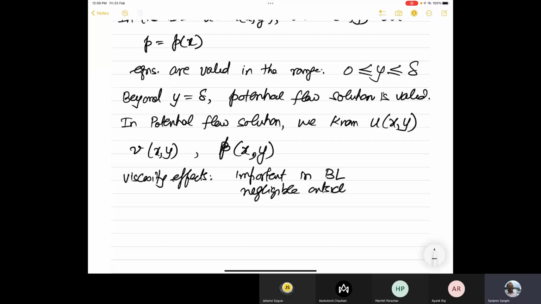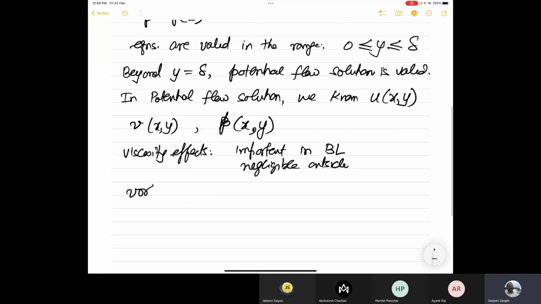And similarly, if you look at vorticity, it's significant in boundary layer and it is negligible outside. Why do I say this? Because we are talking of potential flow, which are irrotational flow.